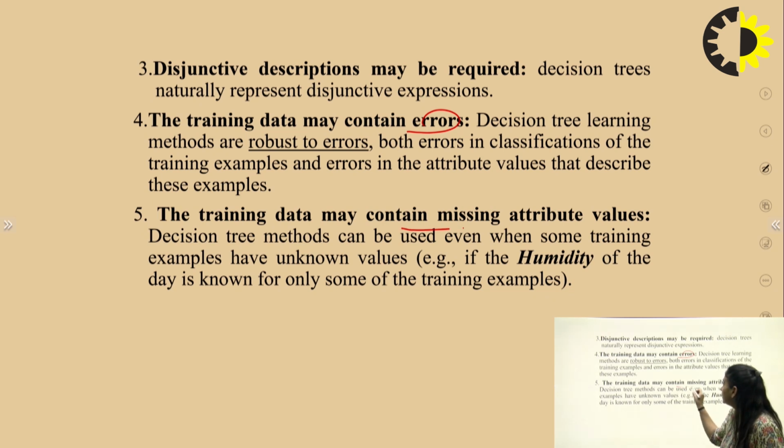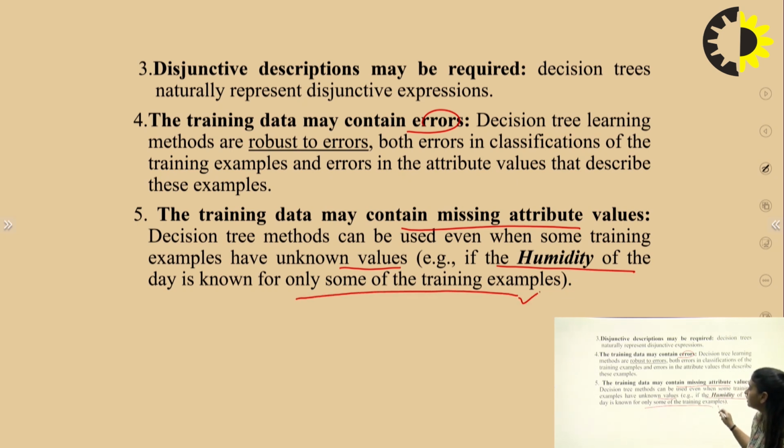In scenarios with missing attributes, we can also apply decision tree methods, because decision tree algorithms can easily solve those problems. It can be used even when some training examples have unknown values. For example, if the humidity of the day is known for only some of the training examples. So when the data has some errors or missing values, we can employ decision tree algorithms.